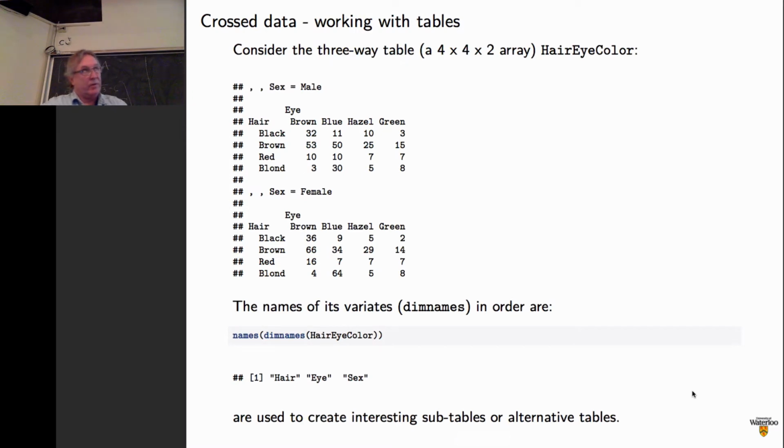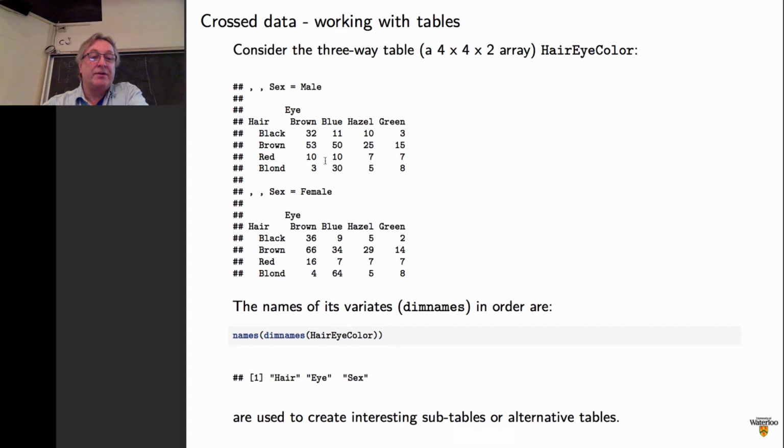So, that's why I talk about this kind of data as being crossed, so that every triple in this case of variate values is possible and has some count associated with it. That count may of course be 0, but it's going to appear in the data set here. So this three-way cross table, and here's one that's sitting in our hair eye color, and so the first index is hair.